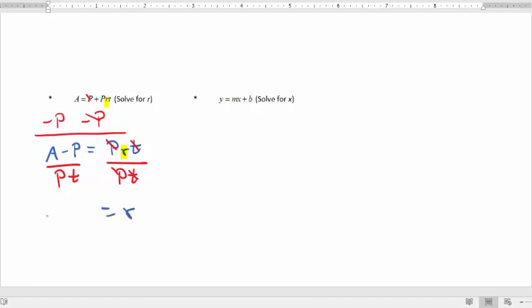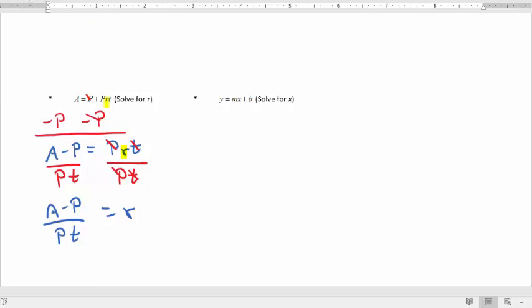And on the left, I now have A minus P over Pt. So now it's solved for r. But again, I could have also solved it for t. I could have also solved it for P. Honestly, in this class, we won't be asked to solve it for P because it's a little bit more complicated, but it can be done. But I could have also asked you to solve for t.